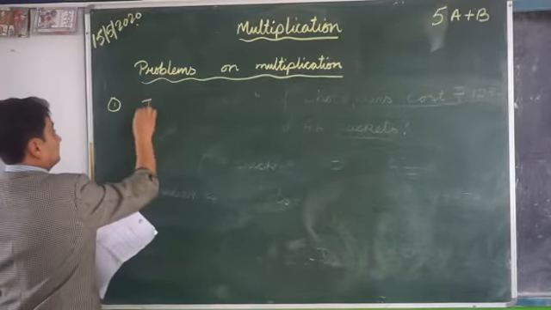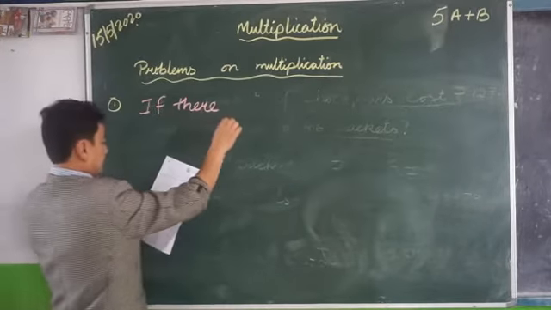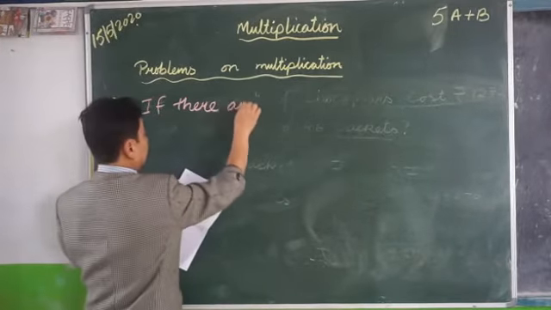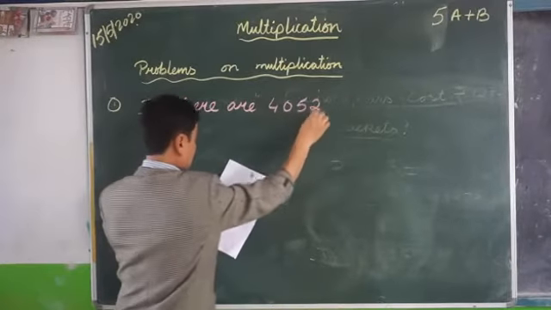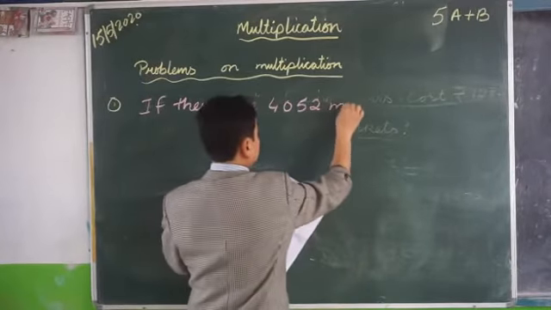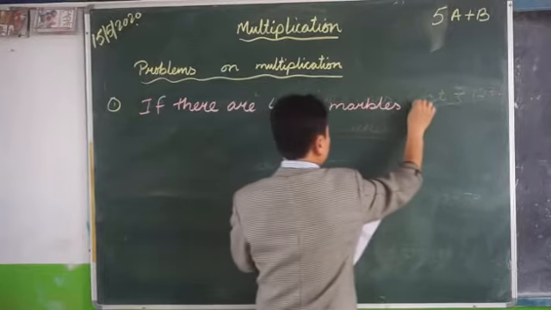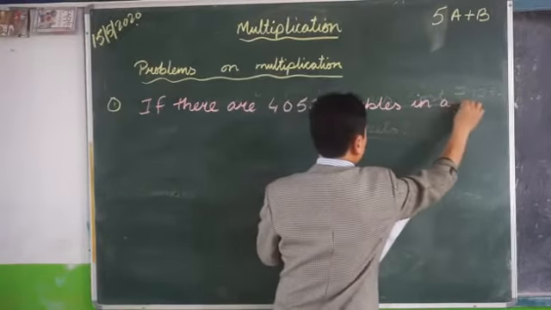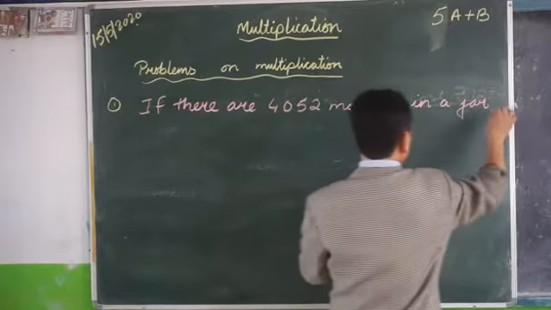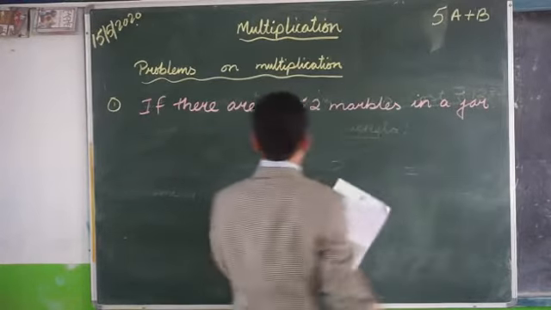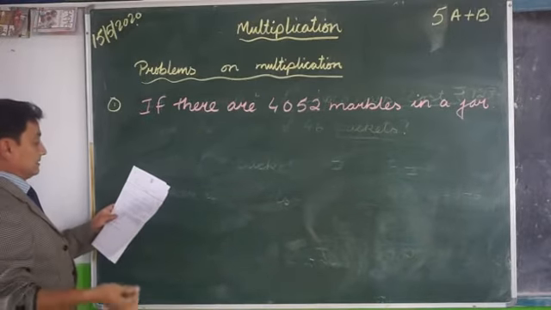If there are 4,052 marbles in a jar, means someone had collected marbles and had kept it in a jar. So he had, let's see how many jars here.